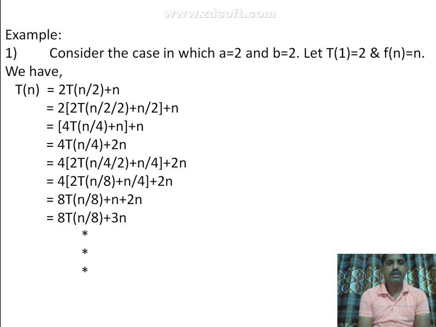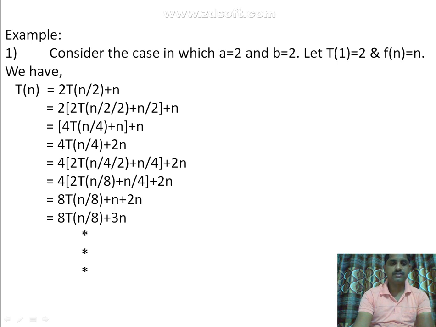We have T(n) = 2T(n/2) + n, and 2T(n/2) is 2 times T(n/2/2) + n/2. Likewise, 2^3·T(n/2^3) + 3n. In general, T(n) = 2^i·T(n/2^i) + in. Taking 2^i = n and applying log on both sides, we get 2n + n log n base 2, so T(n) = O(n log n). So the complexity is big O of n log n.